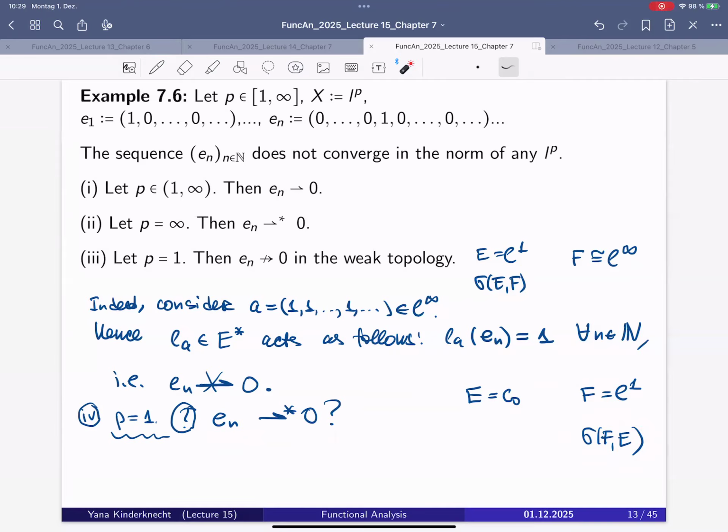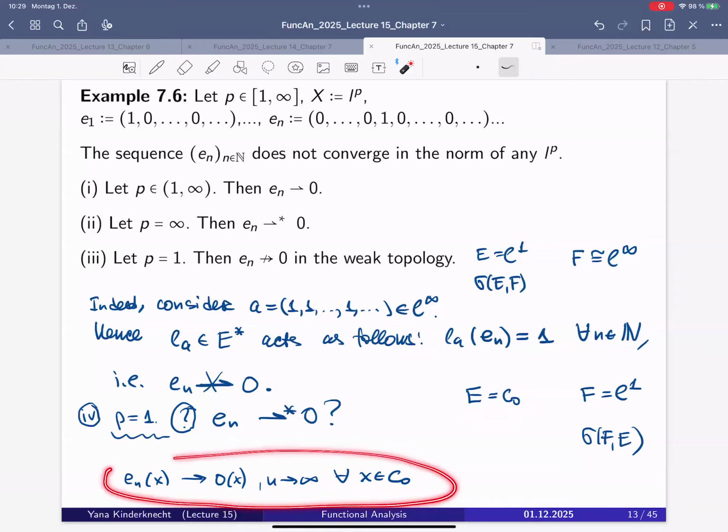Okay? In order to have weak star convergence, what should we have? We should have that En of x converges to 0 of x when n tends to infinity for all x from this space c0. So what would you say? Is it true or not? Yes, it's true, because here we have only sequences whose coordinates converge to 0.